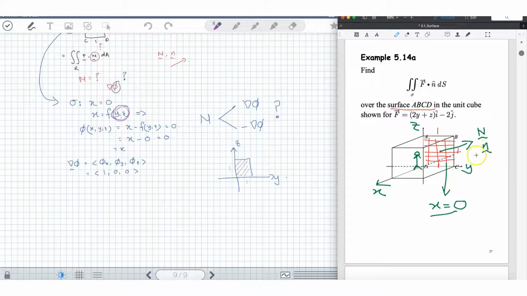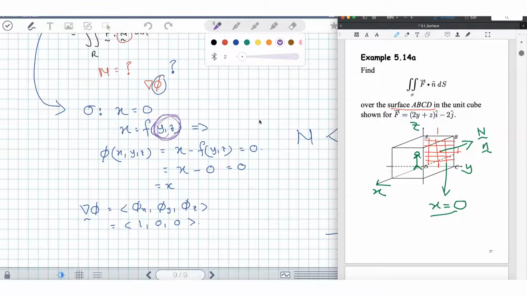Now ask yourself which component we have to focus on here. Since we have x here, we have to focus on the i or x component. So for your gradient phi, you have to make sure that your component i should be negative, because it is the opposite direction to the positive x.